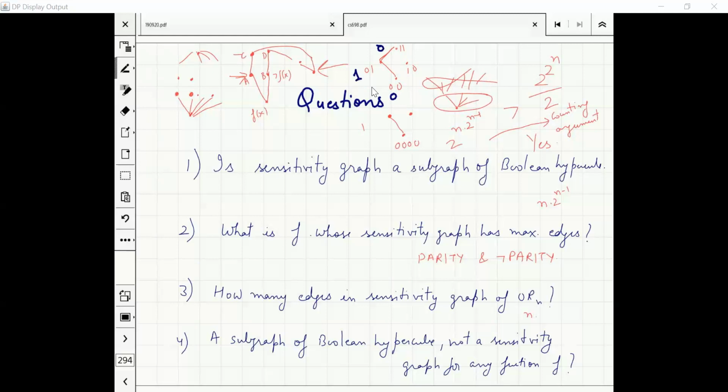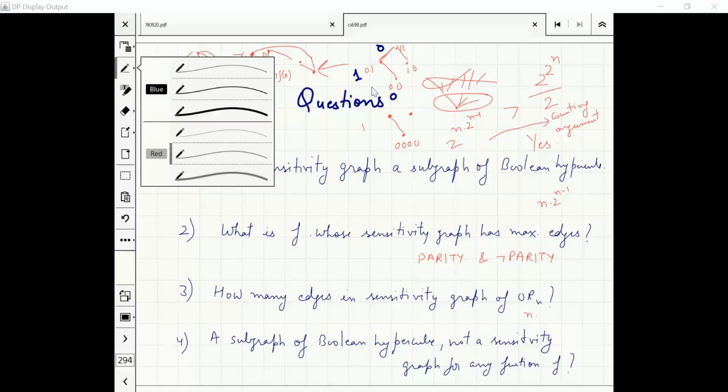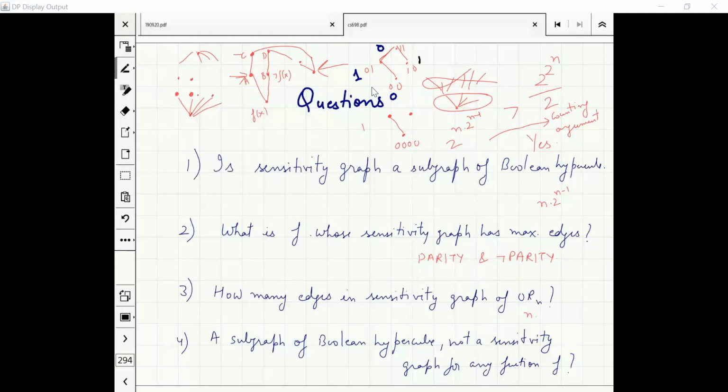Now, if I create an edge here, what does it mean? What is the function value at 10? It is 1. So that means this edge has to be there, the edge between 00 and 10. So the subgraph which I have made cannot be a sensitivity graph of any function, just the subgraph which has just these three edges.